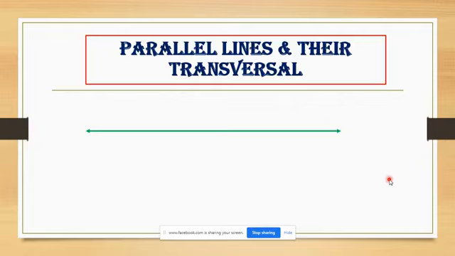See, now we have to see what is a transversal. Till now we have seen what parallel lines are. Parallel lines, the distance between two lines is the same, they are parallel.